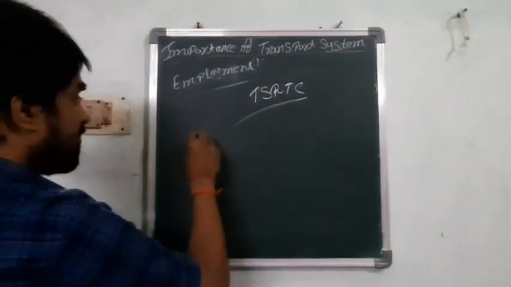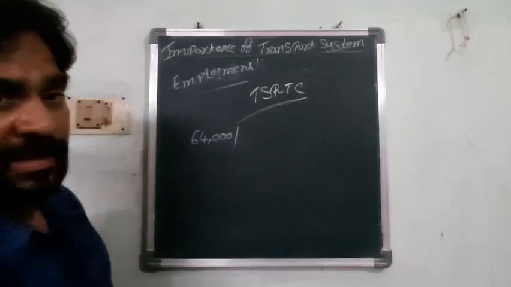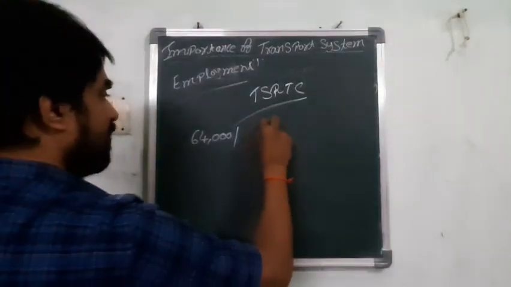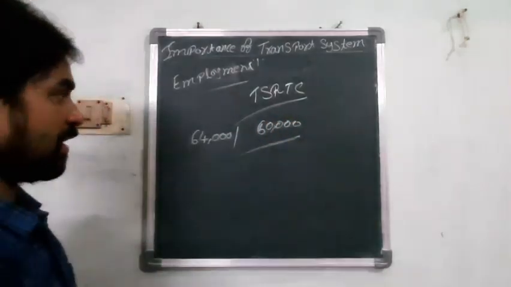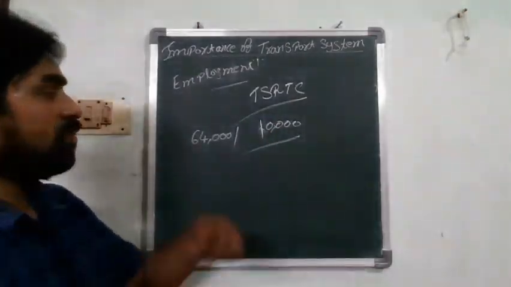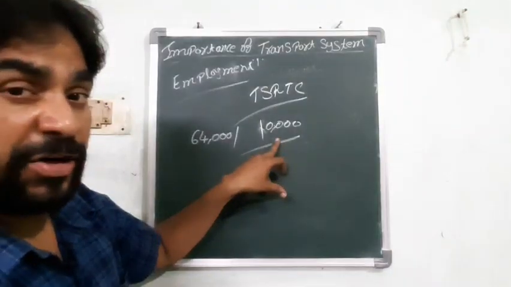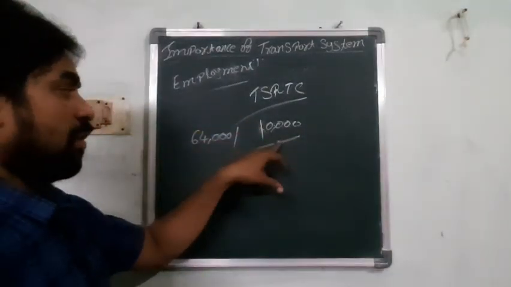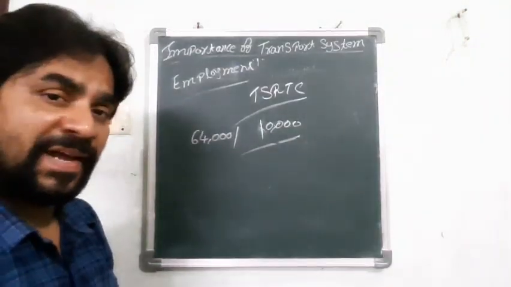So there are 64,000 people working in the Telangana State Road Transport Corporation, running 10,000 buses. So in the region of Telangana, there were 10,000 buses according to the 2001 census. And all these 10,000 buses are run by 64,000 employees.